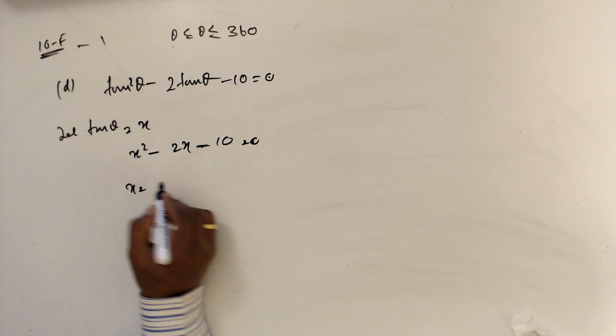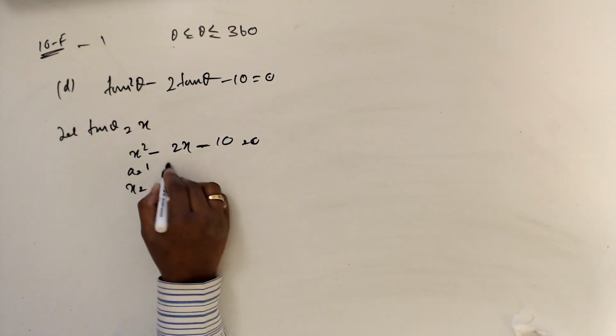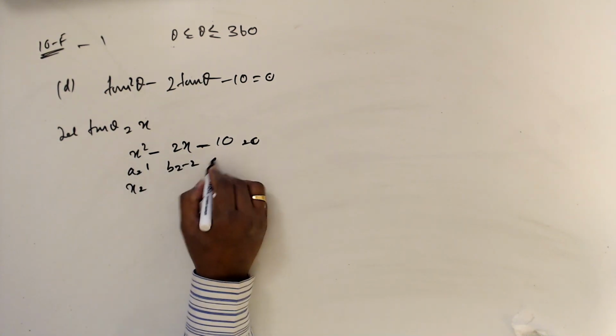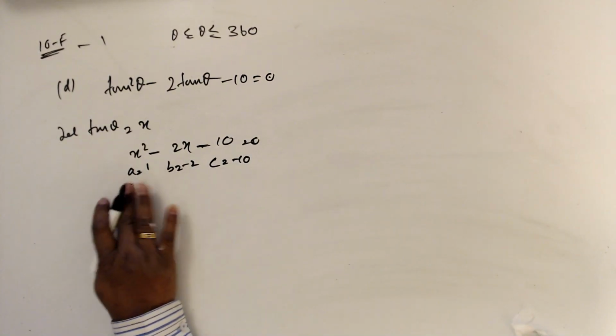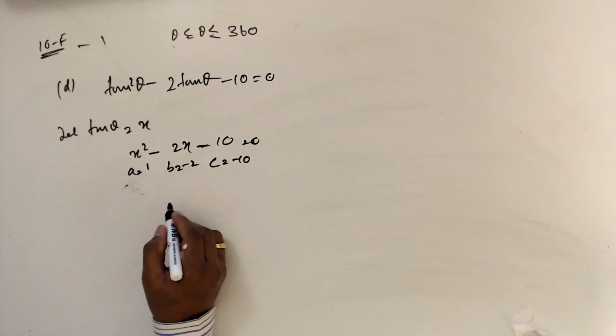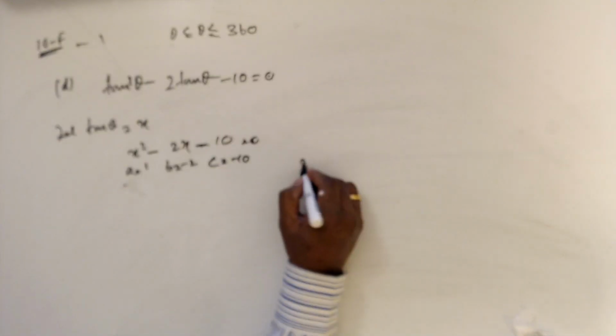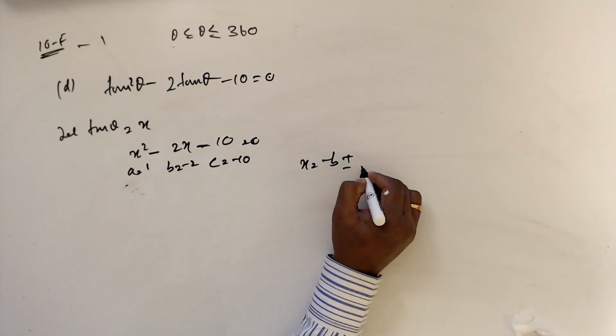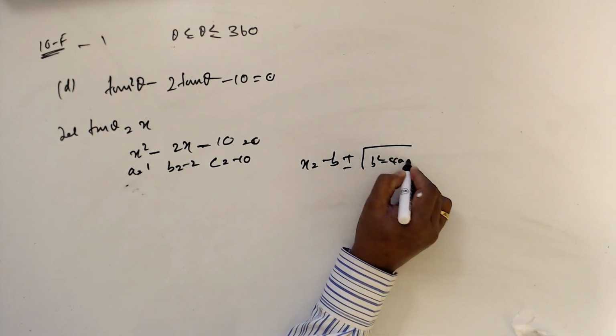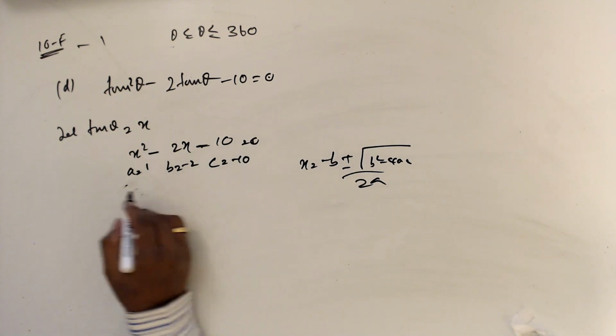So a is 1, b is minus 2, c is minus 10. I am using this formula: x equals minus b plus or minus the square root of b squared minus 4ac, over 2a.